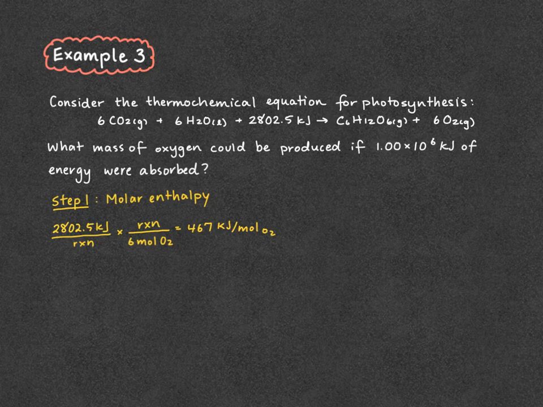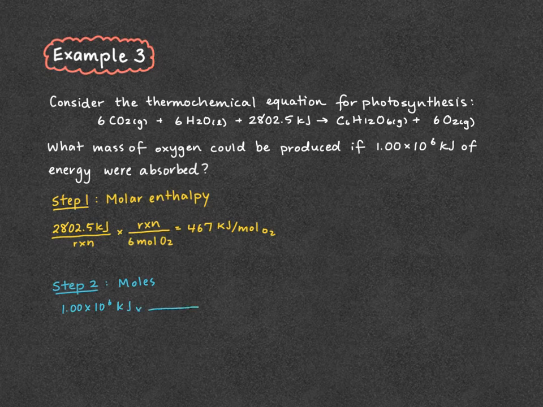Now we don't have enough information for step 2 as normal. In previous examples, for step 2, we've solved for moles using mass or concentration. We're still going to solve for moles, however, we're going to be using energy for it. So we are going to start with the amount of energy that's available to us, this 1 million kilojoules. We're going to start by writing this energy term, 1.00 times 10 to the 6 kilojoules.